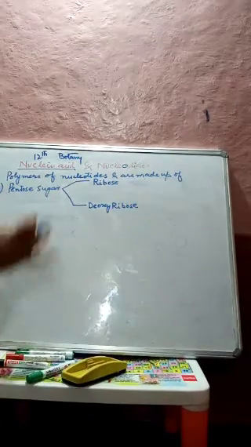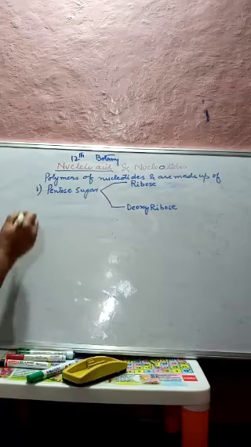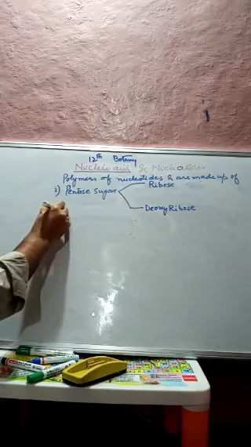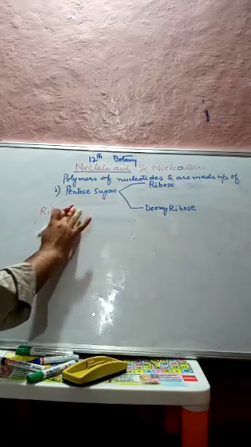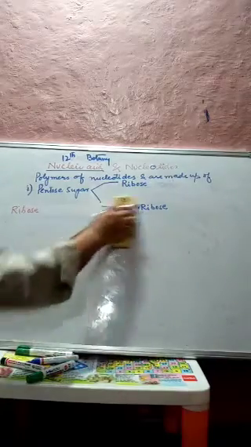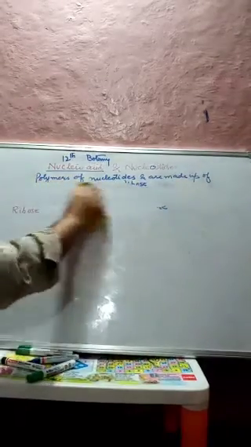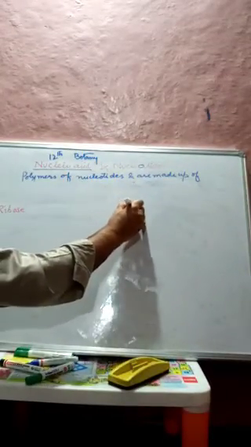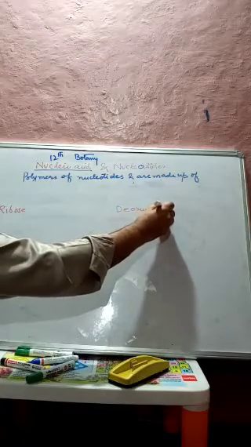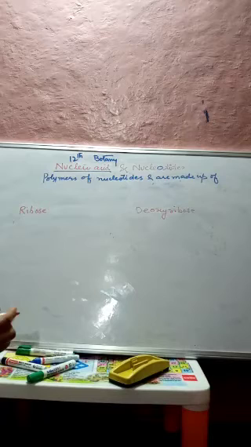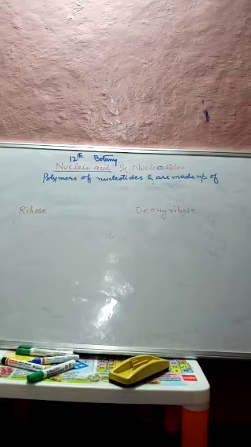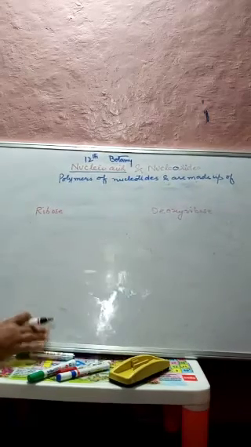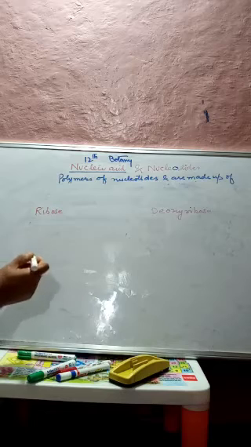Now let us see the structure of these two. This is the ribose, and from here we will make the deoxyribose. In the ribose sugar, it has a 5 carbon compound with a pentagonal shape.